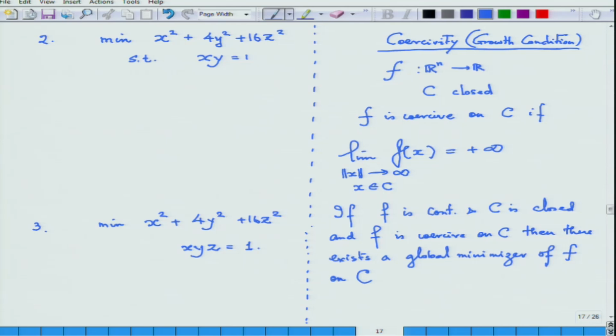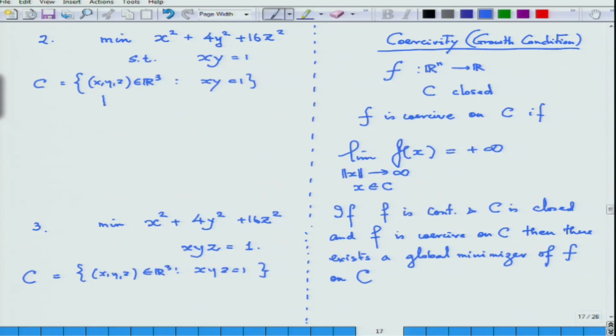Now, I would leave you as an exercise that the set C, x, y, z belonging to R3 with xyz equal to 1, and this set C here. Your first step would be to show that it is a closed set.